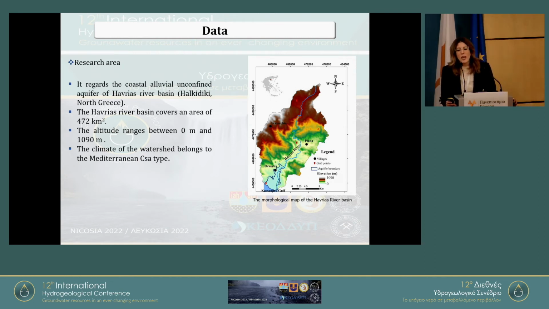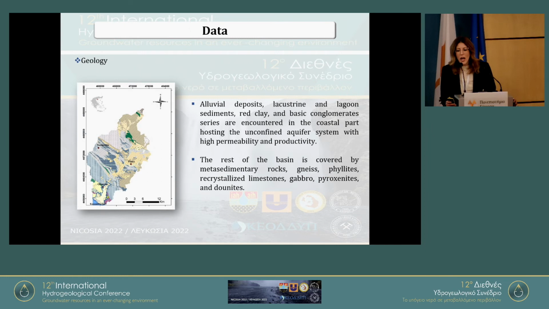It regards a coastal aquifer, part of the Havrias River Basin, located in Chalkidiki, in North Greece. The coastal aquifer is unconfined and is developed in alluvial deposits, lacustrine and lagoon sediments, red clay, and basin conglomerate series.